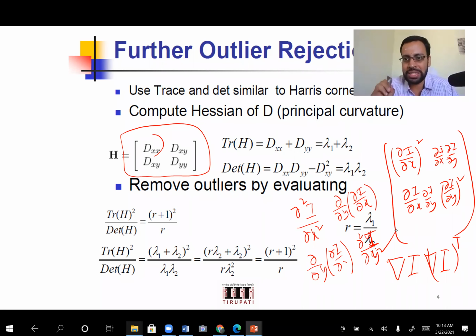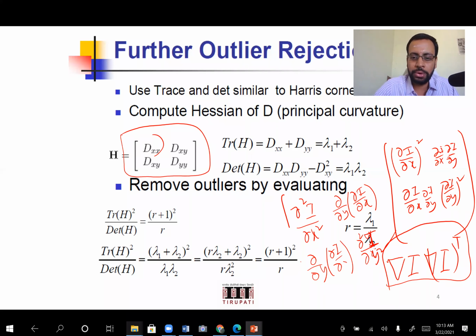That is the Hessian matrix. So be very clear: with the second order moment, you are computing the gradient of I multiplied with the gradient of I transpose in terms of vectors. Here, in the case of the Hessian, which has to do with the curvature, and the curvature you get through the second order derivative, you are going to compute this matrix.